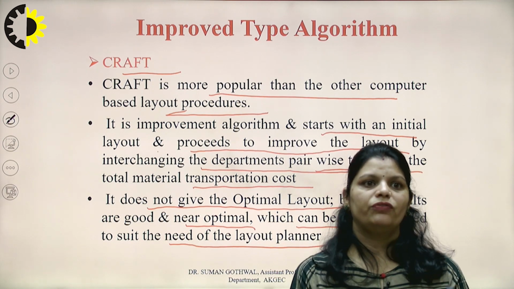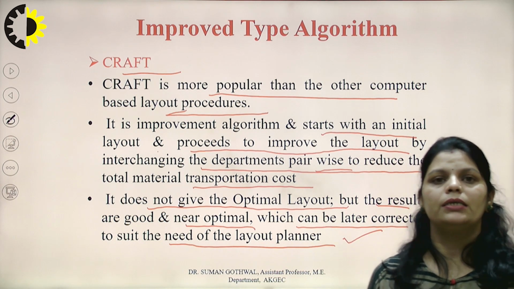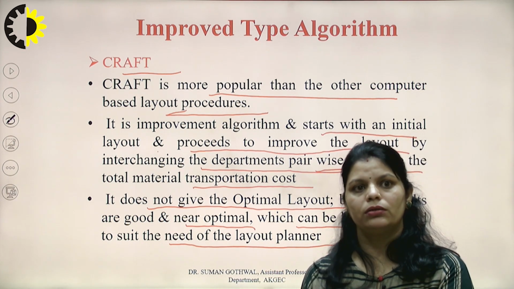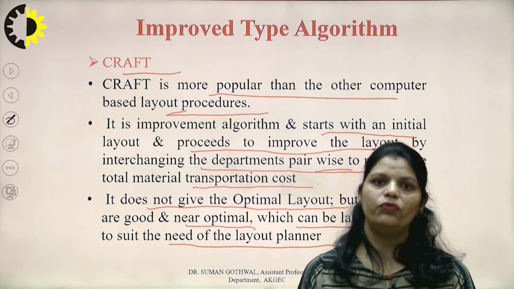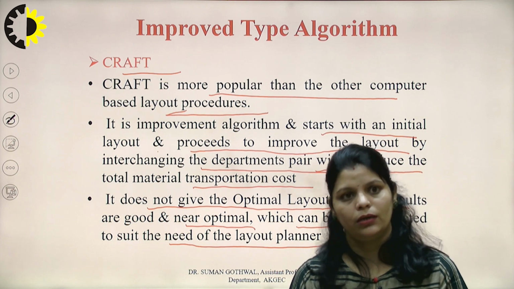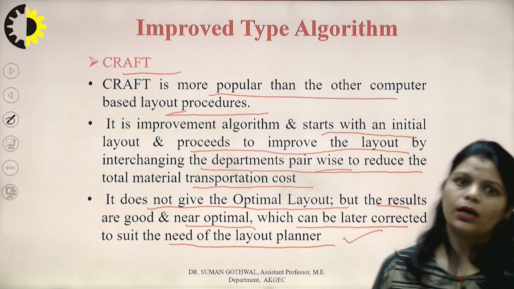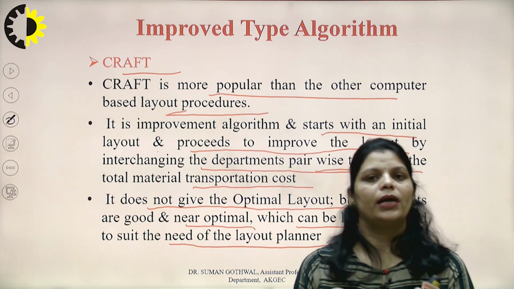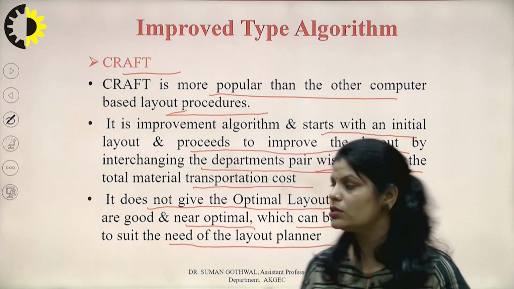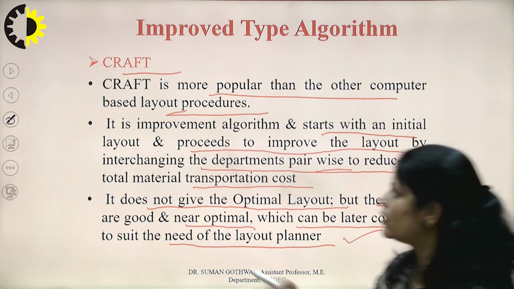Okay, and if the least cost that we obtained by interchanging the departments is less than the previous layout, then we will make that actual interchange of the selected pair of departments, and will compute the cost of the revised layout. And we repeat the procedure again and again as long as the improvement in the cost is observed. So this is basically a craft layout. Clear?